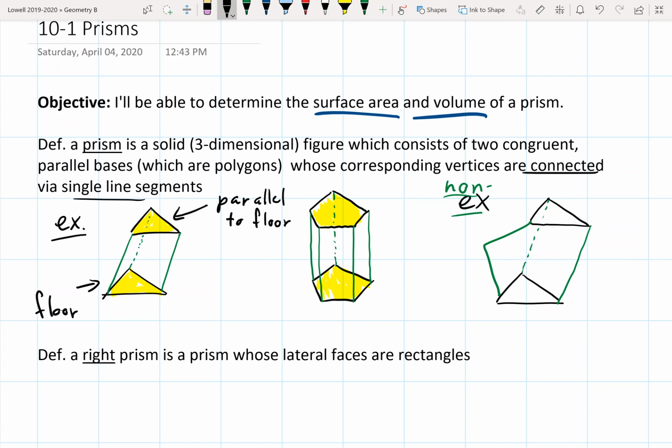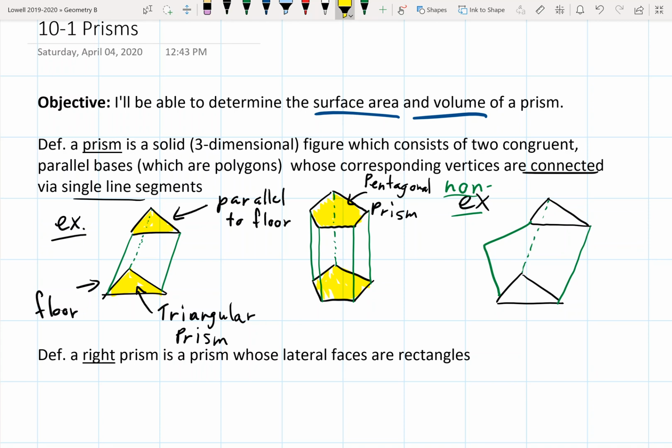Okay, we use the bases to name them. And so if the base here is a triangle, this is called a triangular prism. And this one will be a pentagonal prism.